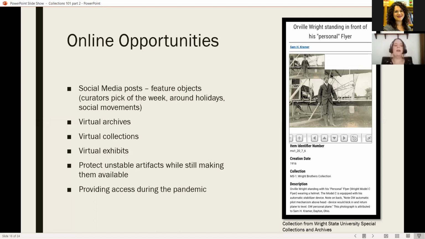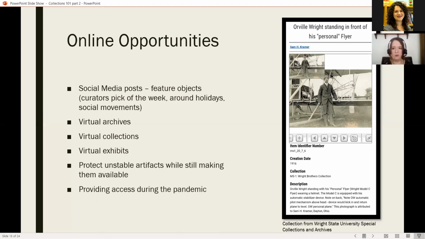Aside from providing access to collections during a time when our access to people and interaction is limited, providing virtual representations of these items can protect unstable artifacts.